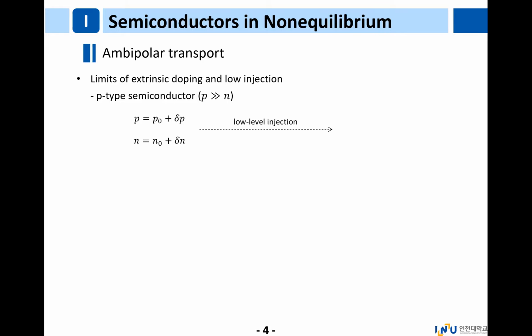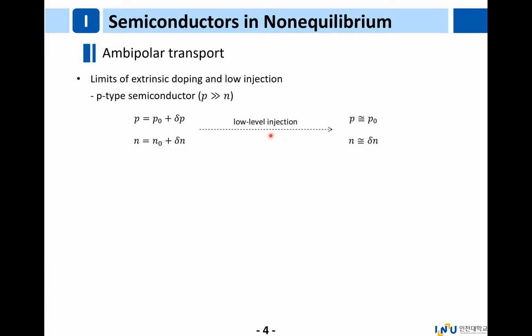So assuming low-level injection, the concentration of majority carriers does not change significantly, and the concentration of minority carriers approaches the concentration of excess carriers, right?